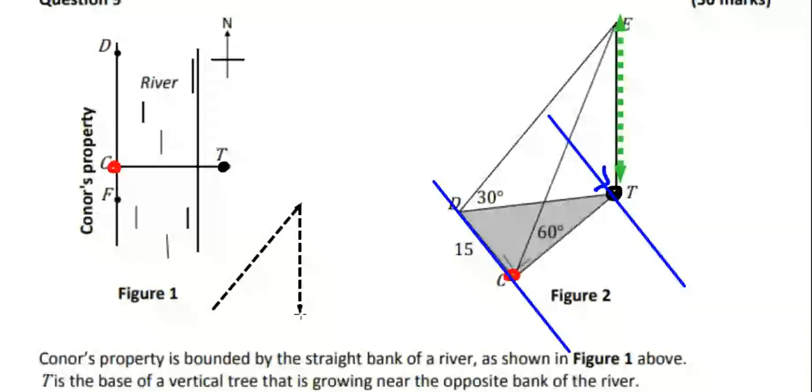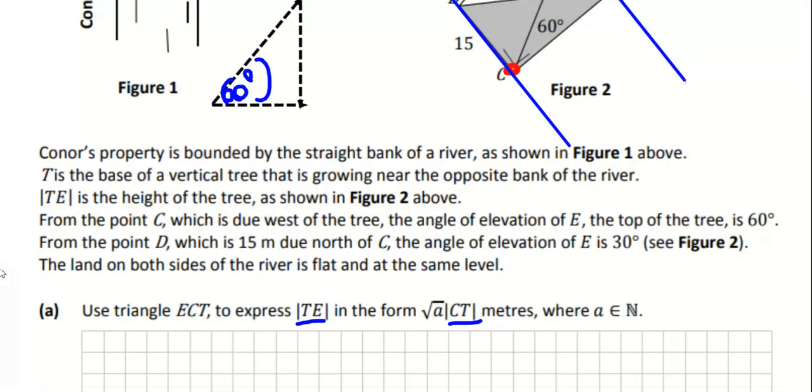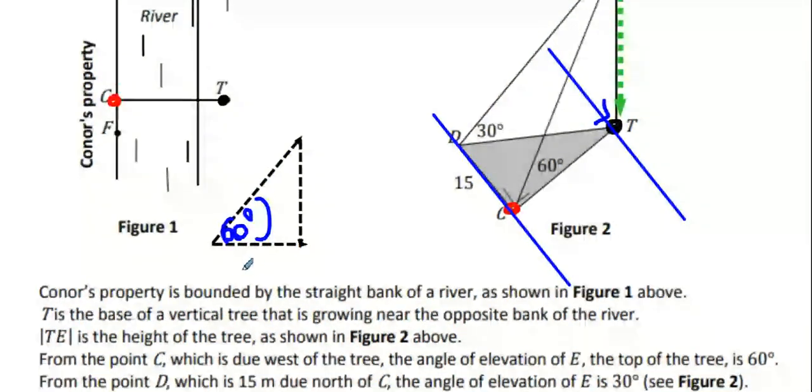So here's ECT. And the only thing we know about ECT is that that's 60 degrees. It wants us to use CT. So this is CT right here, and this is the height of the tree, which we'll just call L for argument's sake.